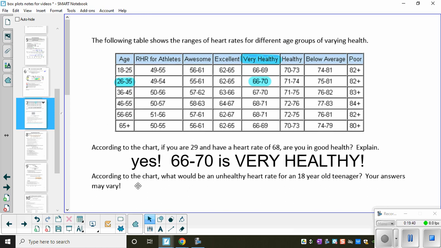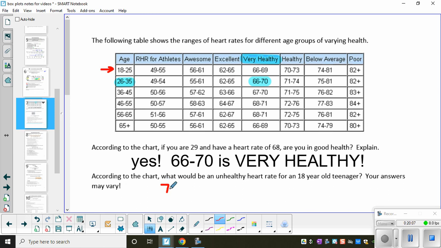According to the chart, what would be an unhealthy heart rate for an 18-year-old teenager? It says your answers may vary. For an 18-year-old, we're looking at this top row, trying to find an unhealthy heart rate. So this is good, good, good, good, and then right here, you are below average the moment your heart rate is 74 or higher.